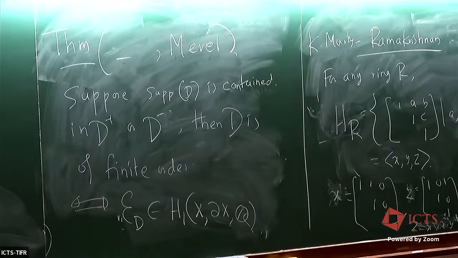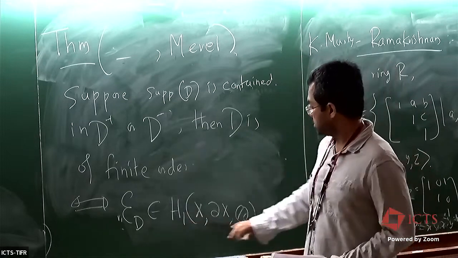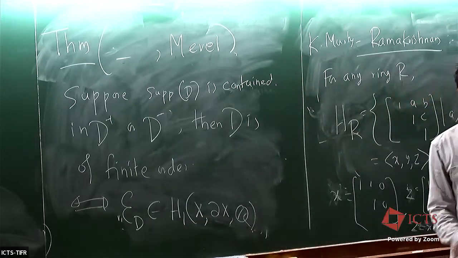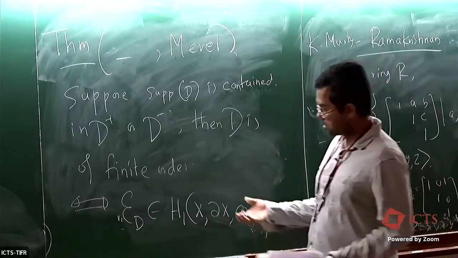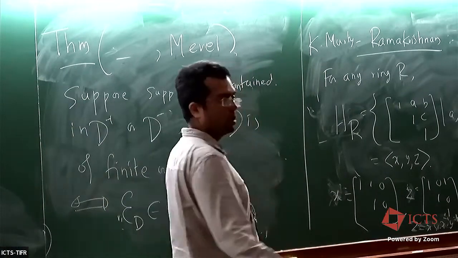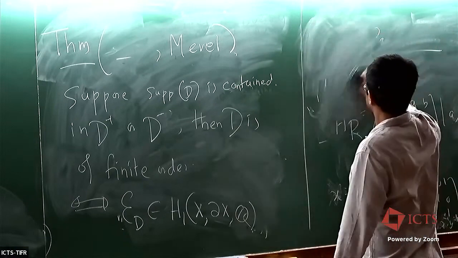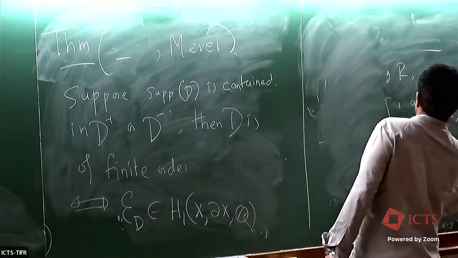These coefficients are in R because there is a pairing from H naught of X by X to H1 with coefficients in R. So I demand that divisor D is of finite order if and only if the corresponding Eisenstein cycles belong to H1 of X with rational coefficients. This is a rationality statement. You can figure out whether these are in Q or not, and that is going to determine whether arbitrary divisors satisfy the Manin-Drinfeld property or not.